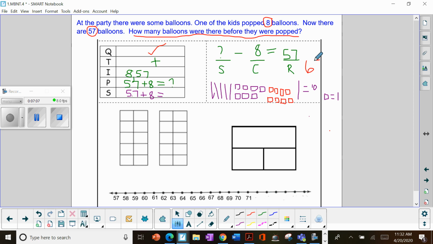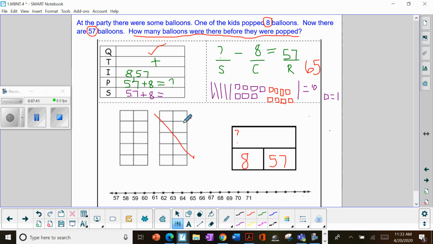I'm going to write this right here for a minute. Okay, so here's a little bit different. Now we know, because we're adding, we know 8 is a part, and we know 57 was a part, right? 8 was a part that he popped. 57 was the part that was there after he popped them. So we don't know what our whole was, how many we had before the balloons got popped.